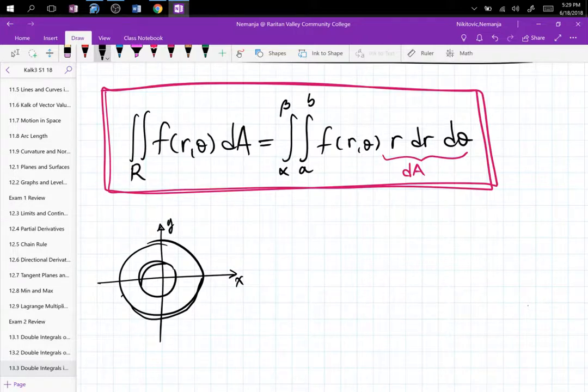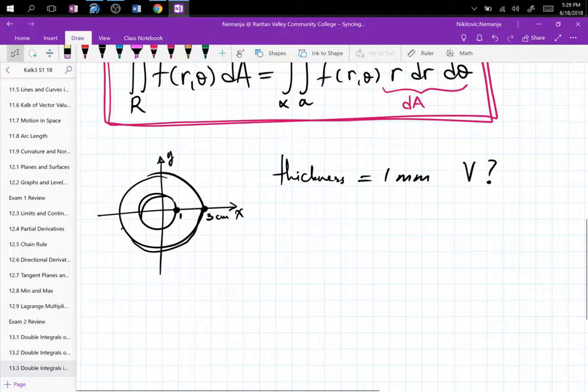So let's say that this is at 1, and this is at 3, and this scale is in centimeters, and then the thickness is 1 millimeter. Thickness equals 1 millimeter. What's the volume? Well, I need the area. Area is very simple to compute, right? You can calculate the area of the big circle minus the area of the smaller circle, and then just multiply by the thickness. Make sure you convert your units, right? Which I'm going to do.